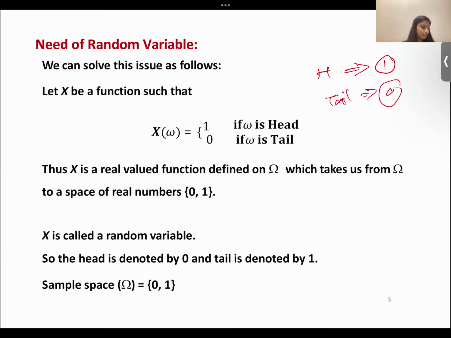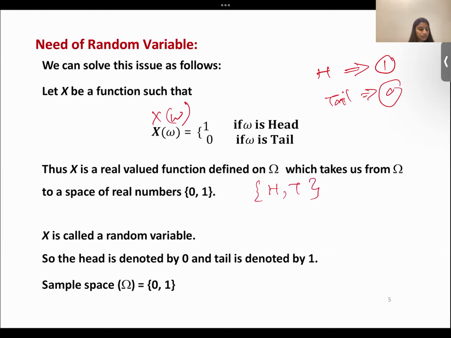So let X be the function. So omega is your sample space. So the function of the sample space is such that X of omega is 1 if omega is head, and X of omega is 0 if omega is tail. So the actual sample space is head or tail.